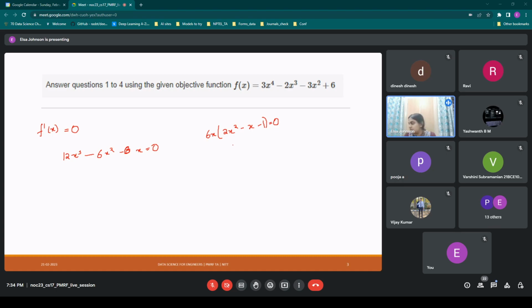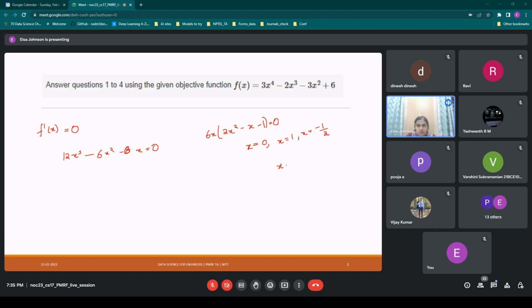So you'll be getting some values. What were the values you were getting? x equal to 0, yeah, it is there. Then x equal to 1 and x equal to minus 1 by 2 will be coming. Can you calculate once more, Vamshi?